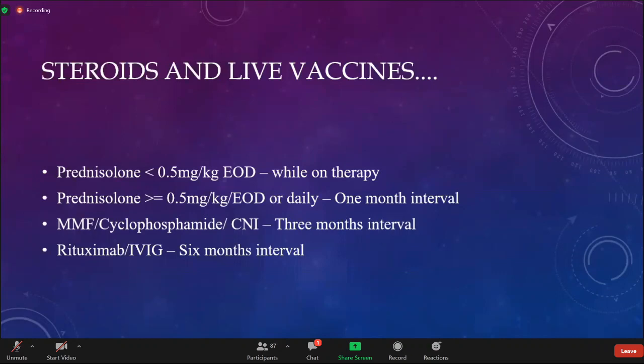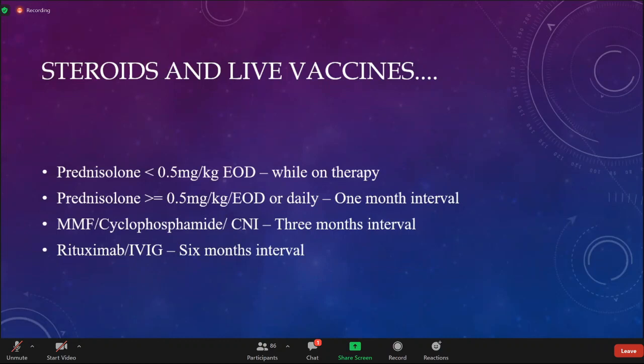Another important question a lot of people keep asking is regarding vaccinations, steroids and immunosuppression. The AAP guidelines, American Academy of Pediatrics, recently published, mention that even when the child is on a low dose, small dose, every other day prednisone, they can be given live vaccines.